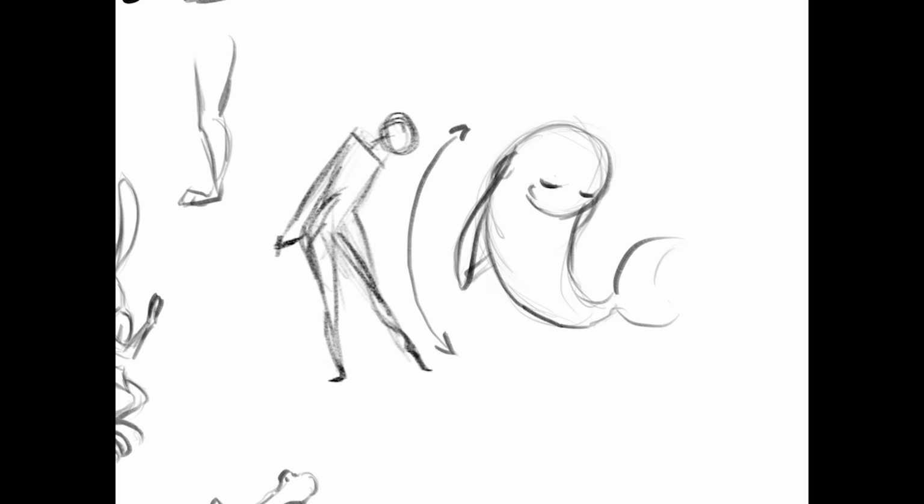Now, what becomes really important when you're working with characters who don't really have the same body language possibilities as people is that you work a lot with the face instead. So the eyes of this fish here become really important.